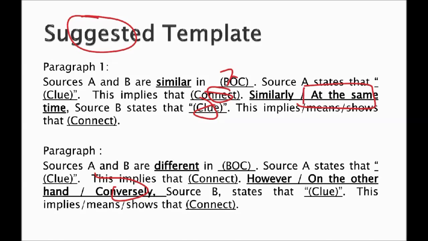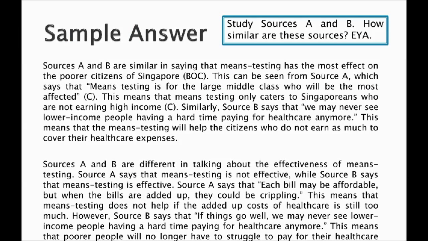Alright, I have given you a sample answer here. The question: study sources A and B, how similar are these sources? Recall the type of questions that we have. Do you need 2 points of view or only 1 point of view? And which point of view is it? Since how similar is in the question, in your first paragraph, please address what is in the question, meaning your first paragraph should start by saying sources A and B are similar.